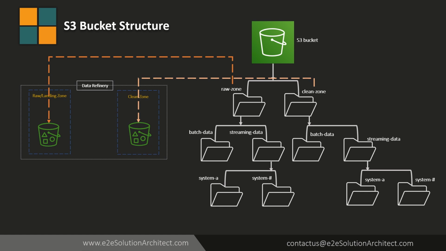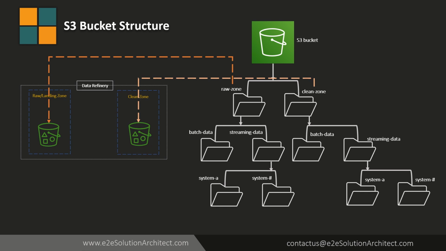Sometimes you receive batch data, sometimes streaming data. So we have a further classification of the raw zone, two new folders inside it. One is called batch data, another is called streaming data. And I have divided the streaming data further into system A and system B or something like that. It means you are separating your ingested data based on the system. But as a whole, it is your landing zone or raw zone.